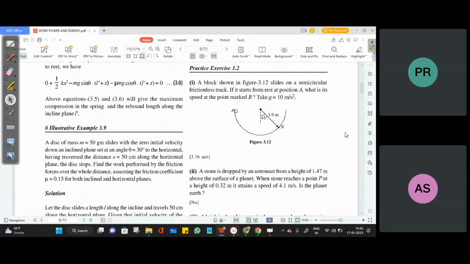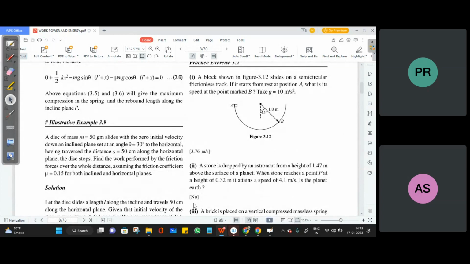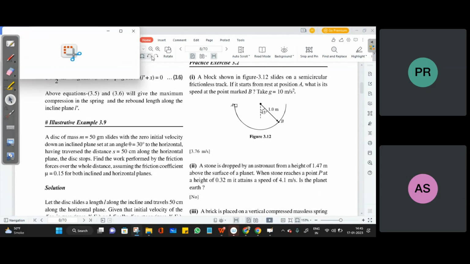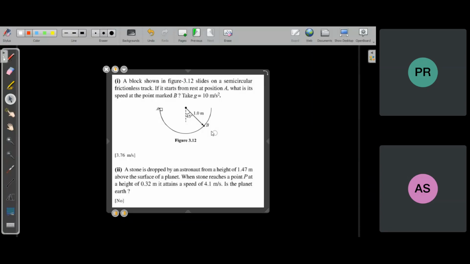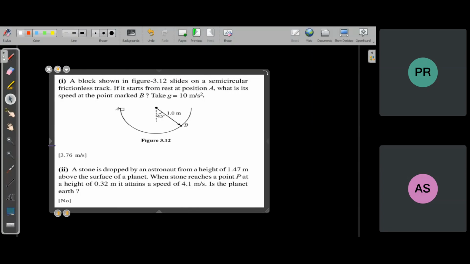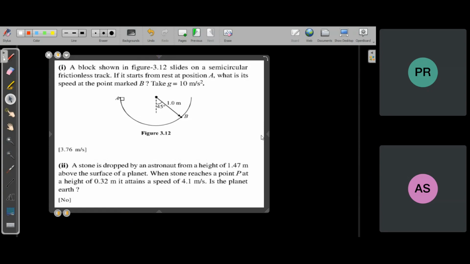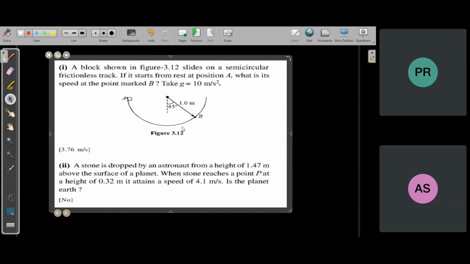Now you can try this question and ask any doubt related to it. Try the first one, and if you think it is easy, just tell me the process or the equation.